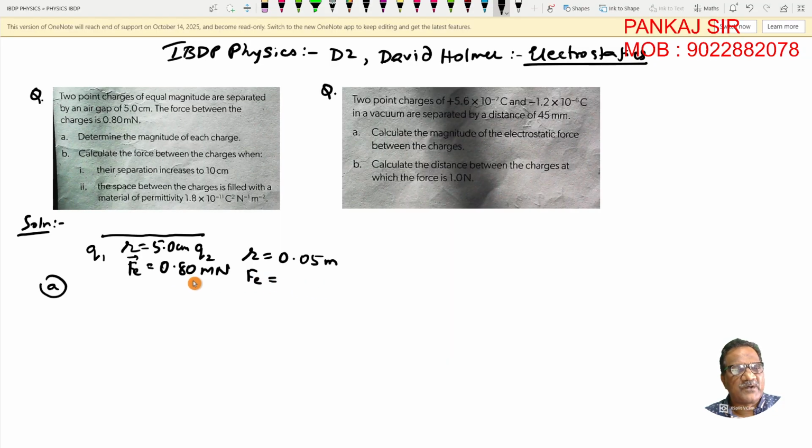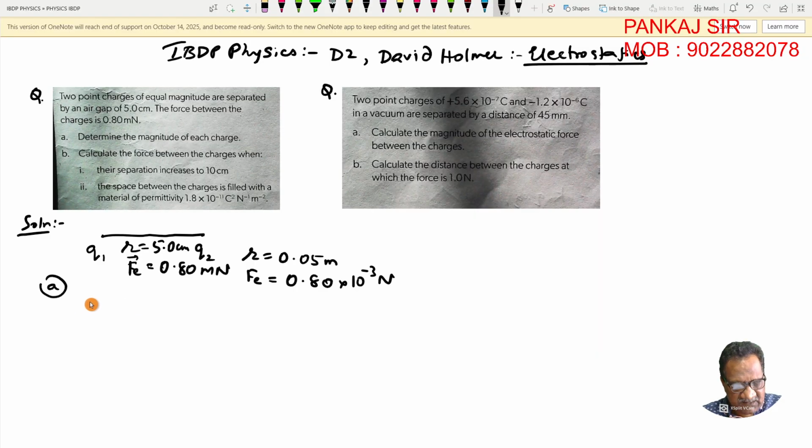So it is 0.80 millinewton, which can be written as 0.80 into 10 raised to minus 3 Newton. So you have to stick to these norms of taking the distances in meter, forces in Newton, and if there is any mass involved, you have to take that in kg. So right away I have made the conversion so that now we can use these values in the formula.